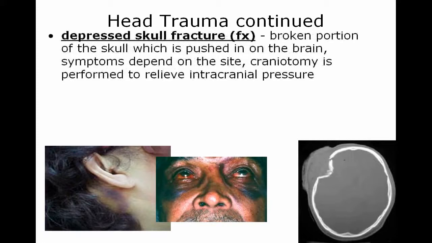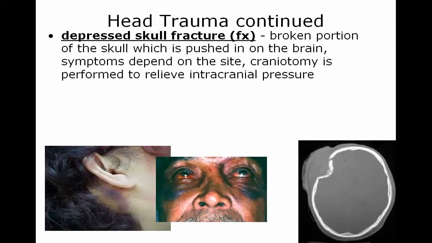Okay, more head trauma. The depressed skull fracture. You know about fractures, a break in the bone. The broken part of the skull actually is pushed in on the brain. The skull bones are depressed or torn loose so that they're pushed below the normal surface of the skull. Symptoms depend on the site.